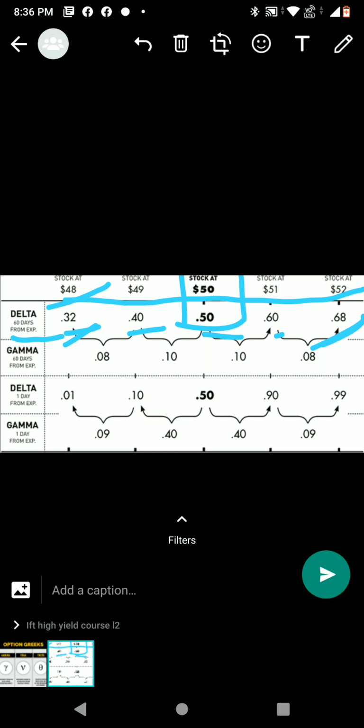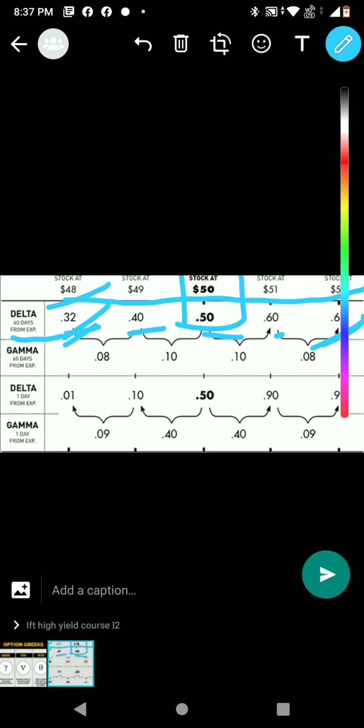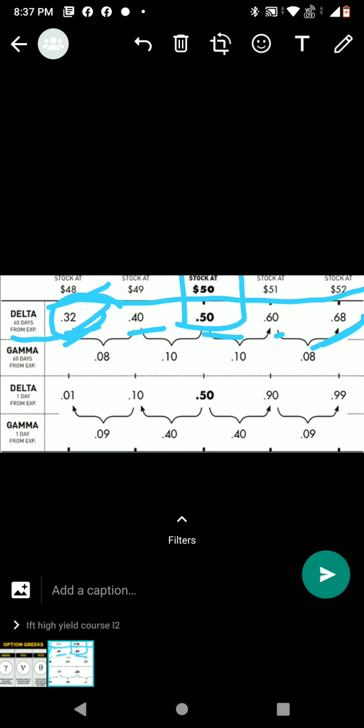But we need some other factor to measure how much the delta will change if the stock price moves $1, because this delta, since it ranges from 0 to 1, has to change. Say in case of this option, the delta is 0.32. Once the stock falls below 48, say for example to 40, the delta will not be 0.32, it will be more than that.